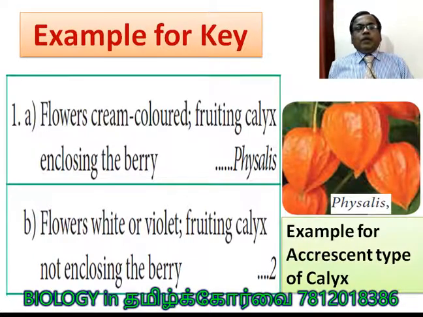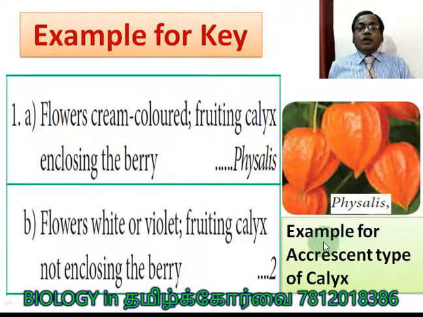Now you can see, suppose the flower that you are observing is cream colored, with fruiting calyx enclosing the berry. You see the calyx enclosing the berry. Then it is called Physalis. So if the character obeys this statement, then it comes under the genus Physalis.